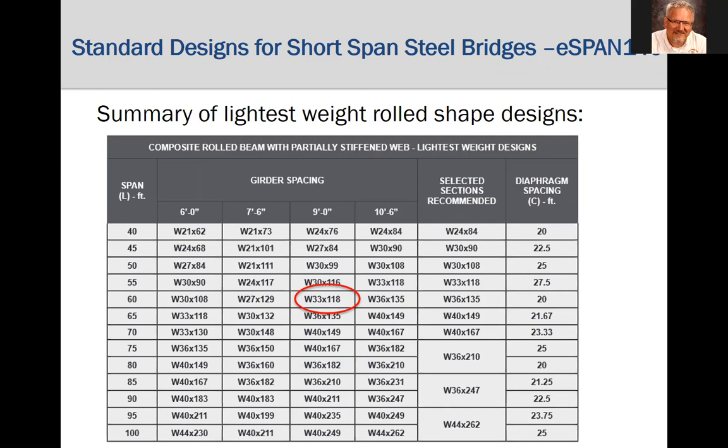This table shows the matrix of standardized lightest weight rolled beam shapes based on span length and girder spacing. It also gives the diaphragm spacing for the constructability design limit. Similar tables are used for the rolled beam limited depth, or for the homogeneous plate girder, or for the hybrid plate girder designs.